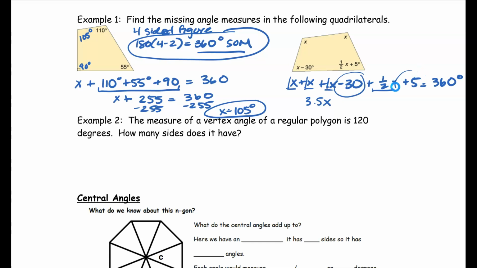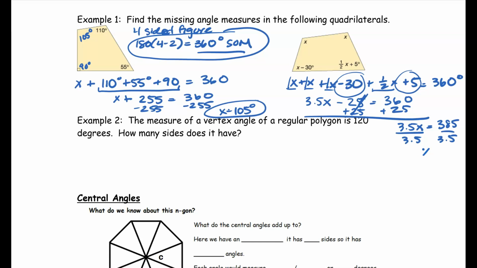And then minus 30 plus 5 is minus 25 equals 360. Then I'm going to add 25 to both sides. That 25 goes away. I get 3.5x is equal to 385. And then I divide both sides by 3.5. And I end up getting 110 for x.